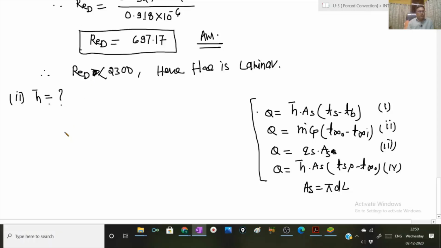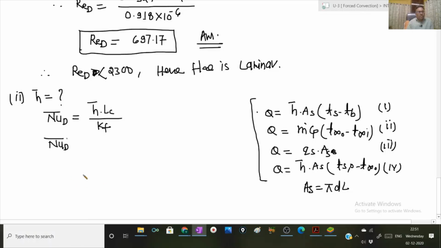Now, in order to find out this average heat transfer coefficient, we must find out the expression for Nusselt number, because we have this relationship between Nusselt number and average heat transfer coefficient as h bar times Lc over kf.